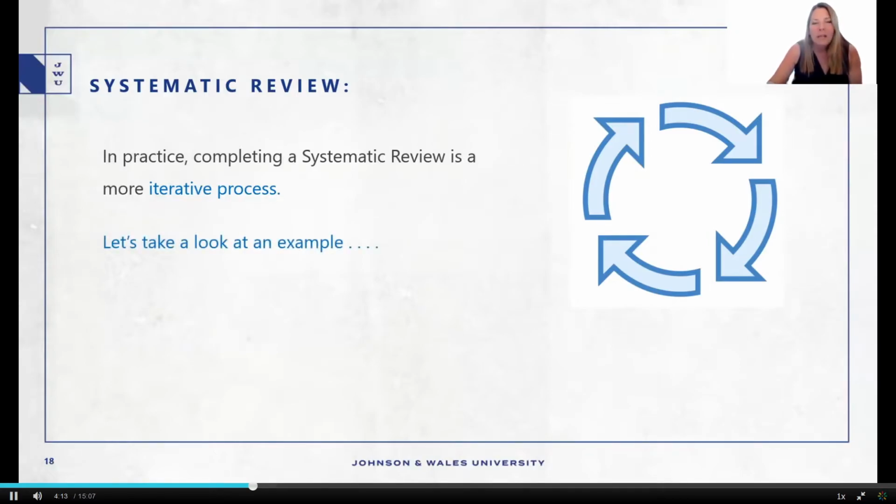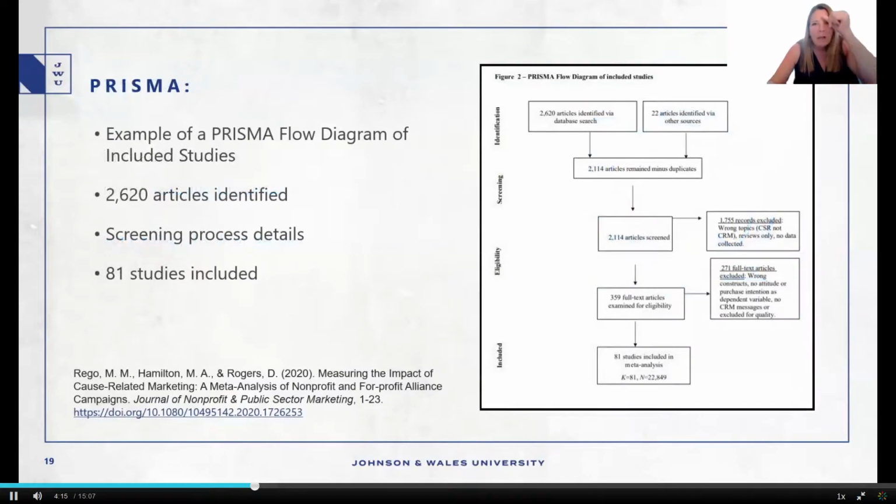If we look at an example of one that I did a few years ago, here's the PRISMA flow diagram, and this was included with the published study. We end up with 81 studies included in the meta-analysis, but we started with 2,600. So for full transparency, which ones were eliminated and why is really important.